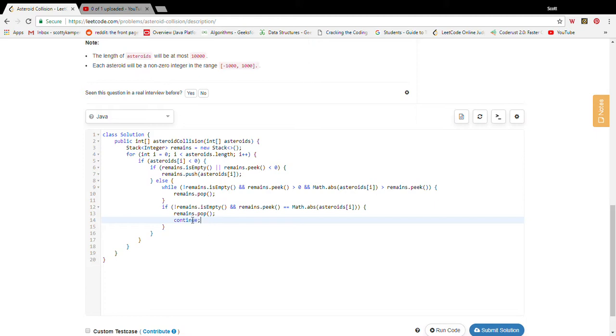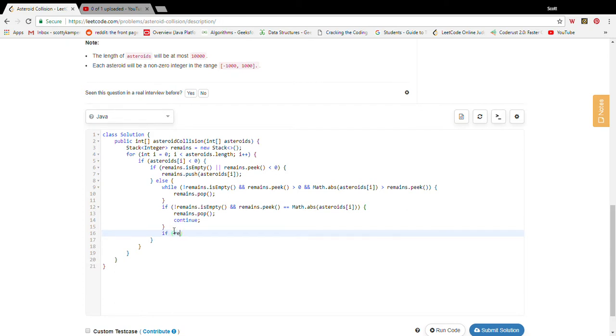Now, why didn't we do this remains pop up here just like this? Well, if we would have added the equal here, then we may have exploded multiple asteroids of our same size. It doesn't work that way. They both explode, so only one of them explodes. So I'll pop it off down here.